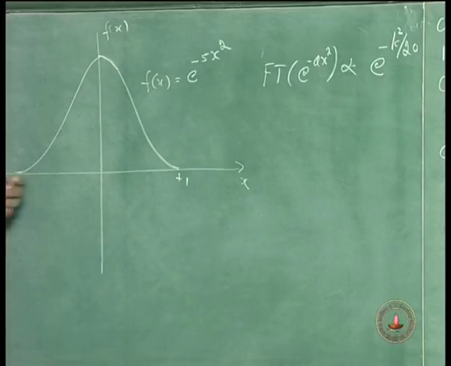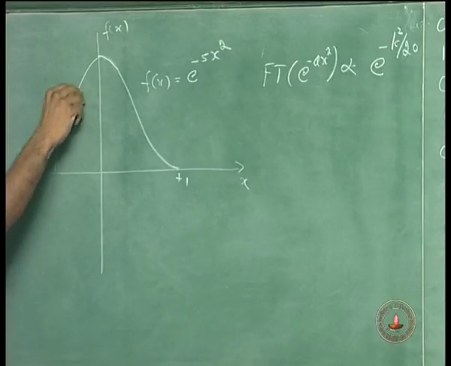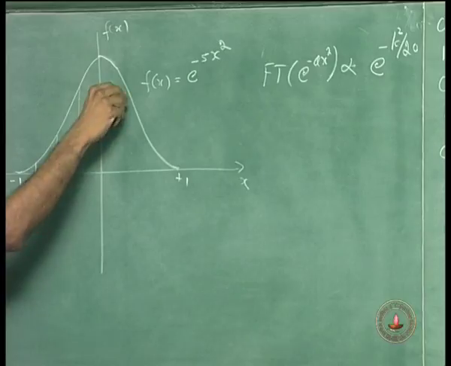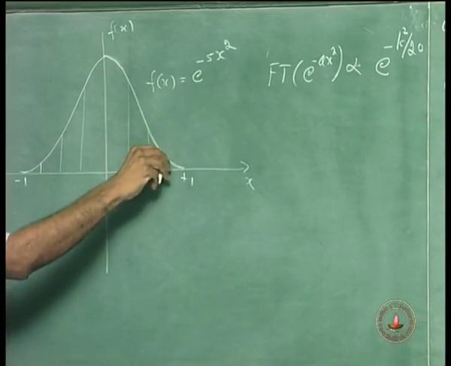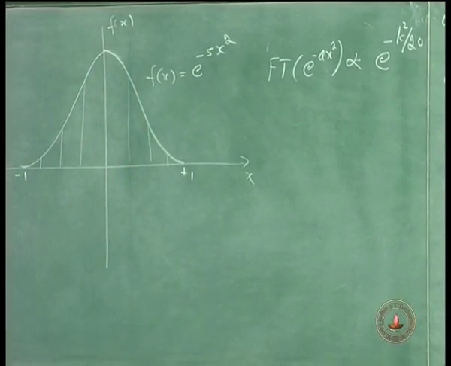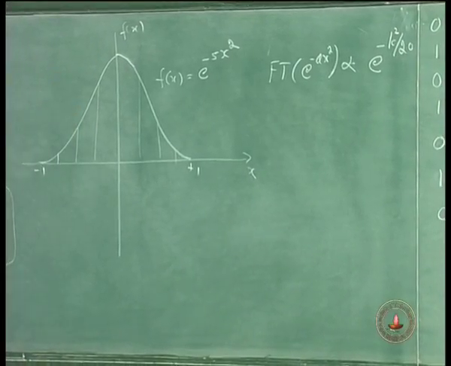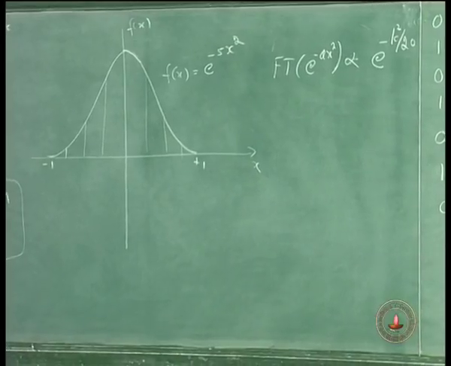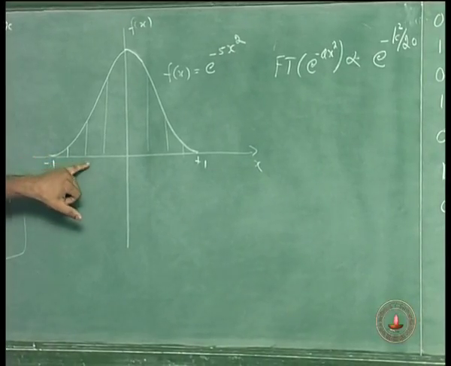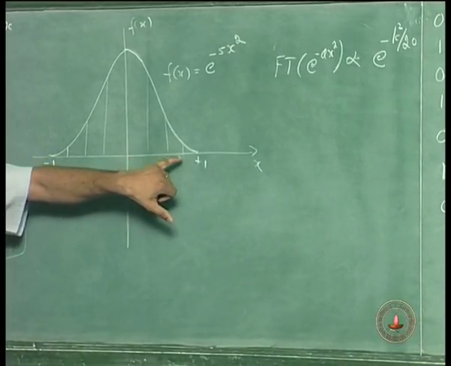So let's take this function and discretize it into a certain number of points like this, at equal intervals, and call them f0, f1, f2, etc. Care should be taken that we call these f0, f1, f2, f3, f4, f5, f6 and f7.